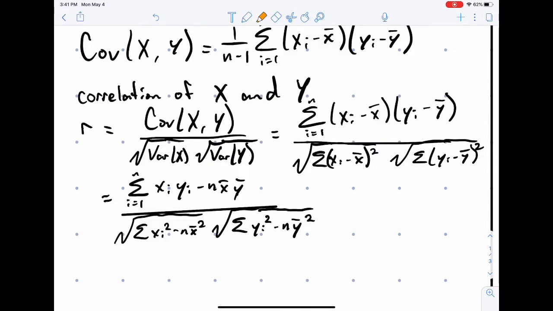Or if you're really lazy, you can just plug all this into R, and you can, for example, call the function cor of x and y. And that will do all this for you.